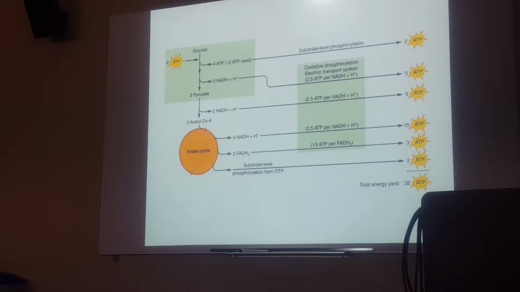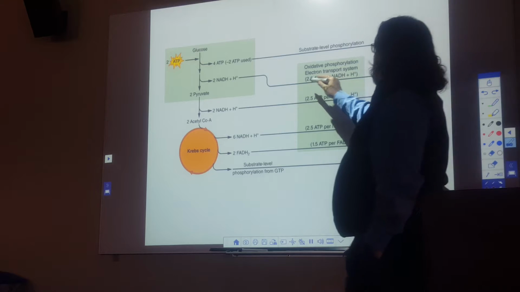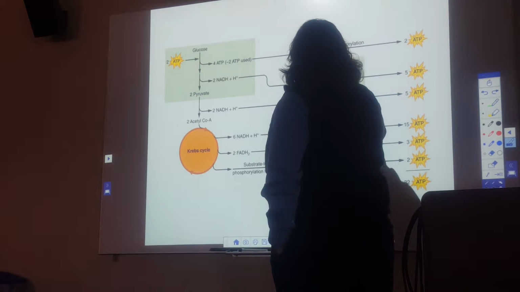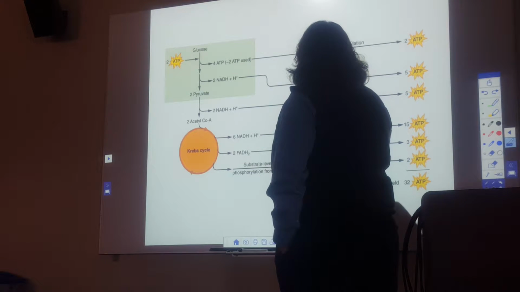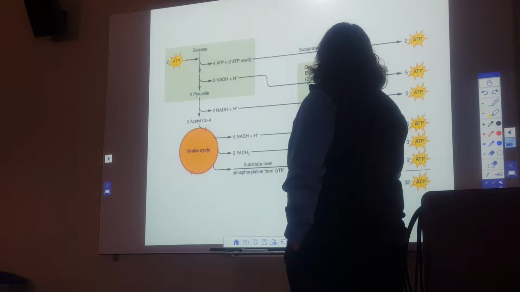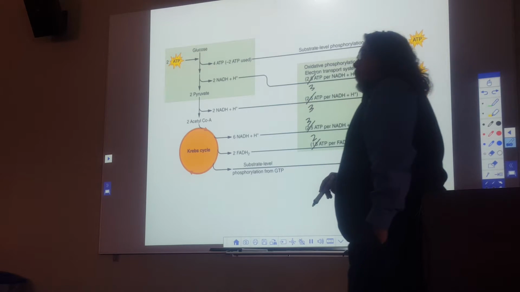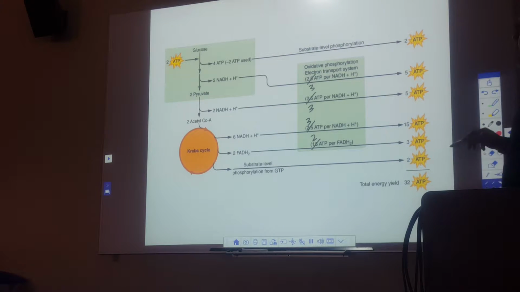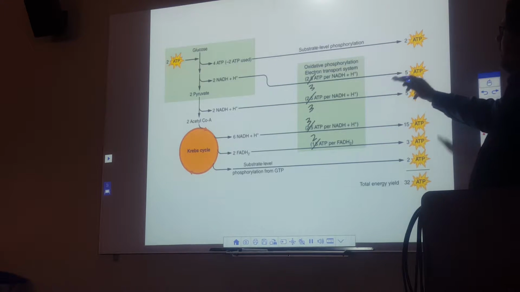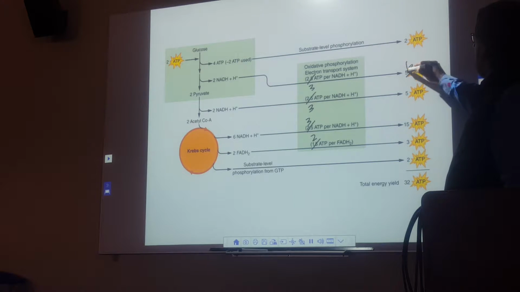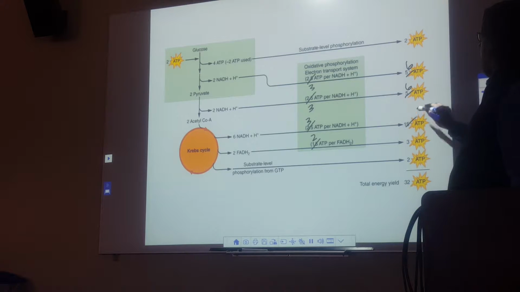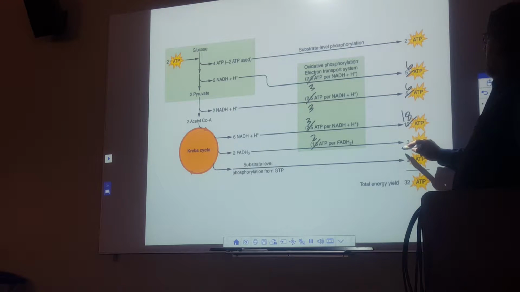No. So instead of taking all these, you take this one by 3, this one would be by 3, this one would be by 3, what would this one be by? Be 2, right? Yep. And so what would our numbers be now? So we have 2 NADH coming times 3, this would be 6, this would be 6, what would this one be? 18, what's this one going to be? 4, add that up.